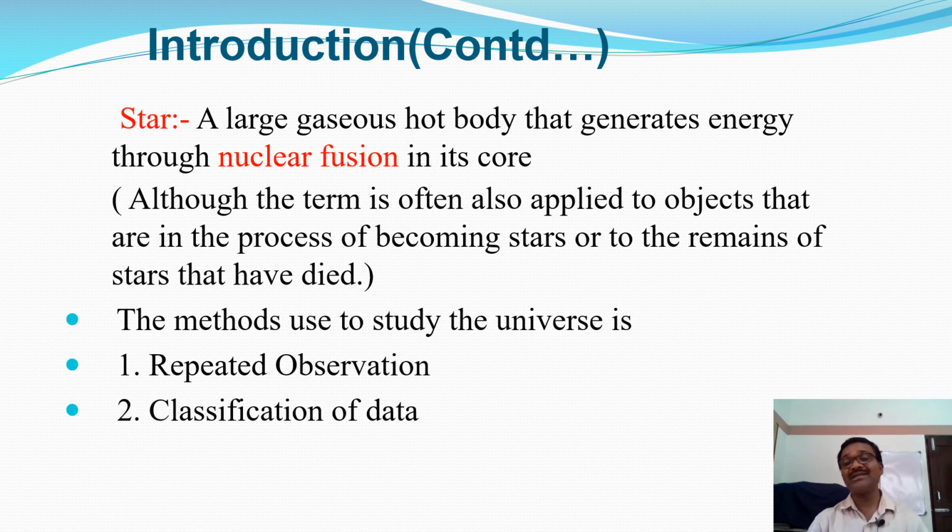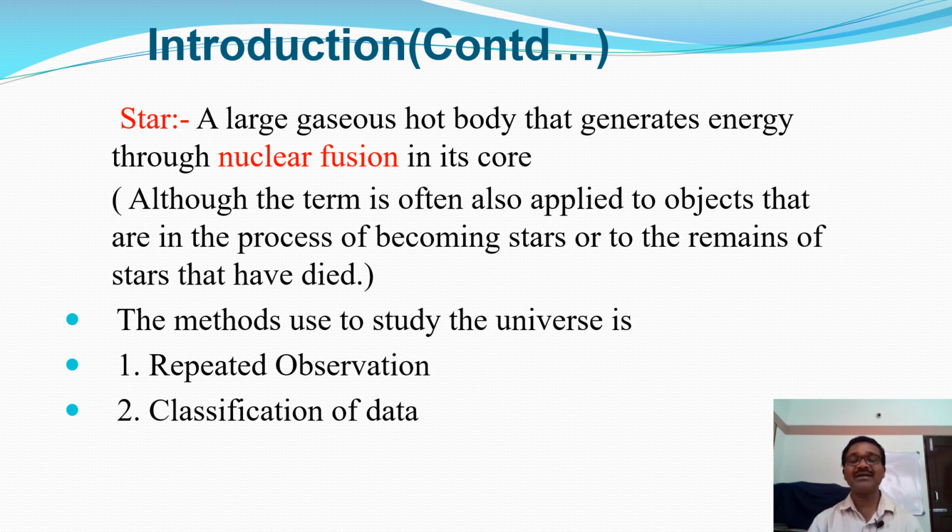After the evolutionary end stage, the remains of stars that have died, protostar is also called a star. Neutron star, the end stage of a star, is also called a star. Black hole is also called a star.